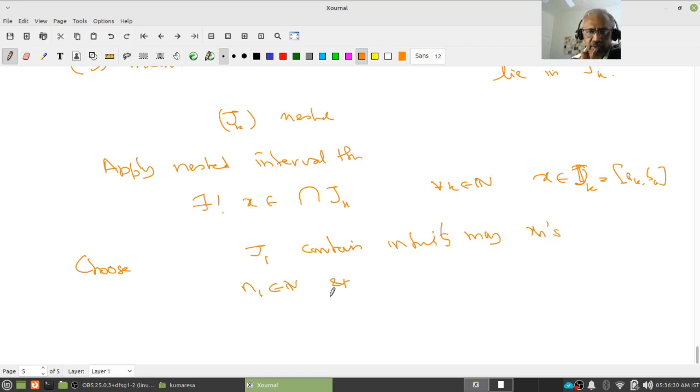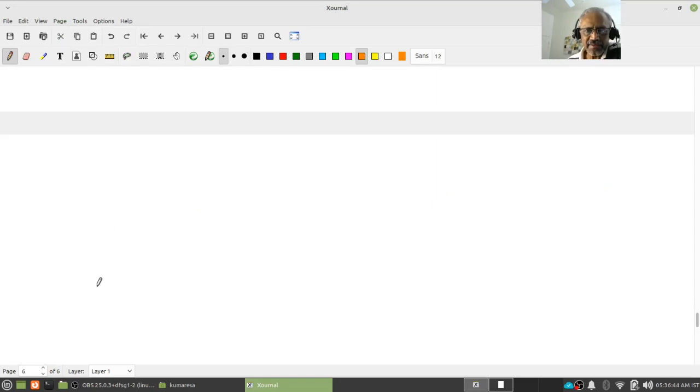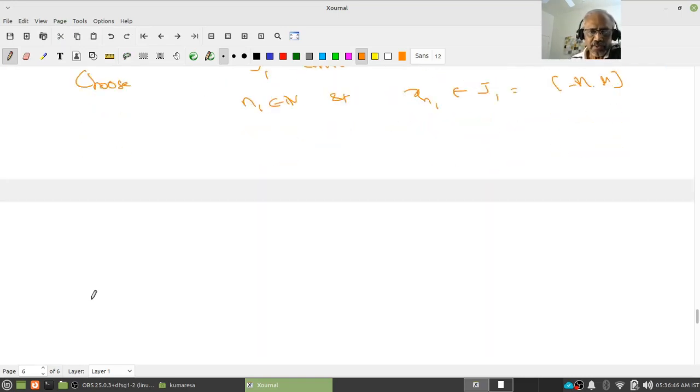So let n1 be such that xn1 belong to J1. Remember my J1 is minus M to M, therefore my x1 itself will belong, but let's not worry about that. I usually would call it J0, but I forgot. That doesn't matter. It's not going to affect our proof, right?